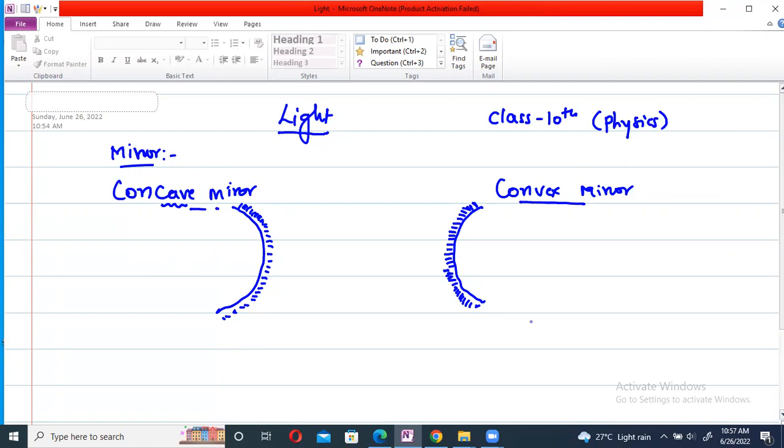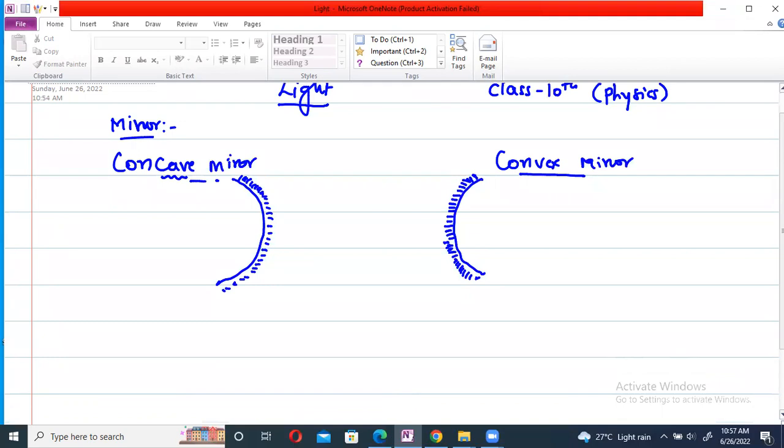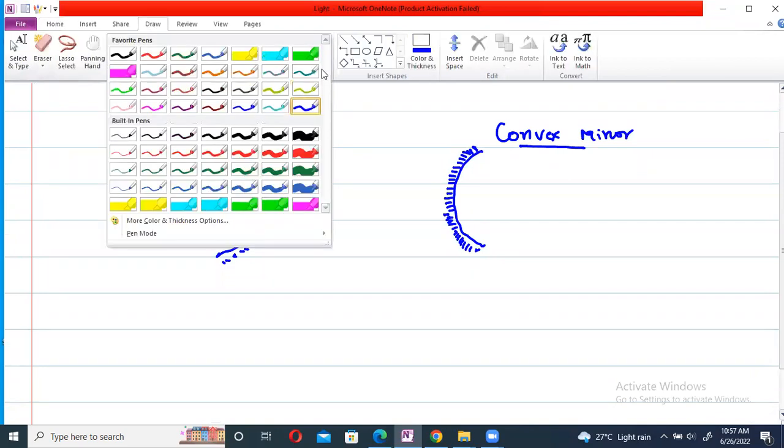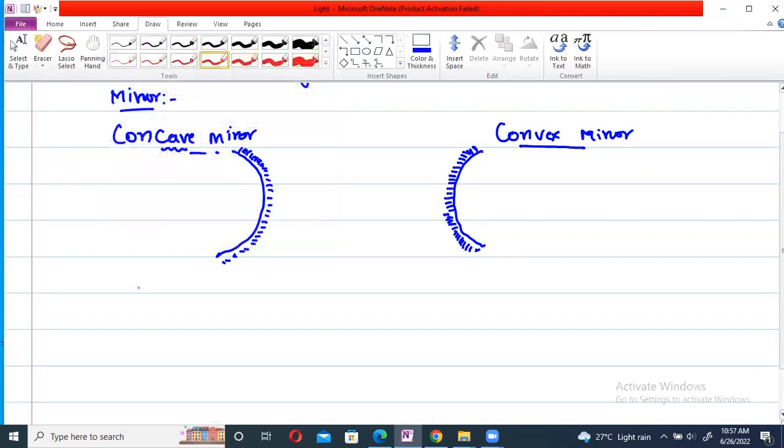To understand the formation of image, first of all we should know some important terms, because even in our textbook some terms are written here. I hope everybody knows that. One will be called the center of curvature, which I will denote as C, as even in our textbook.